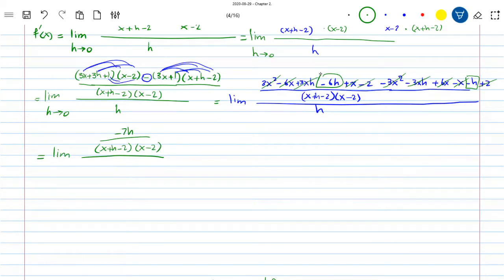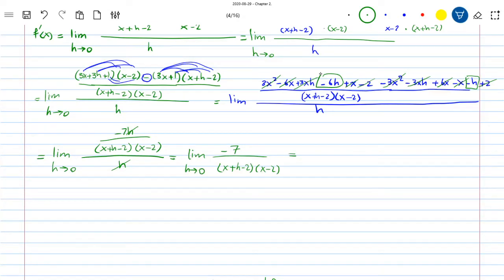Again, you don't need to multiply the denominator, since at the end we want to replace h with 0. So these two I can cancel out. The whole purpose is to cancel out the h in the denominator. So what is left is limit negative 7 divided by x plus h minus 2, x minus 2, as h approaches 0.